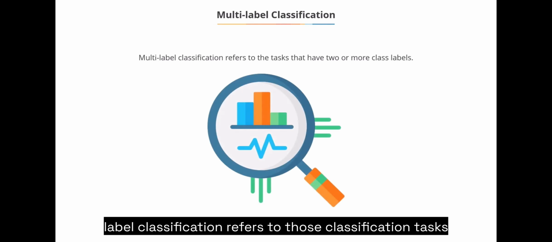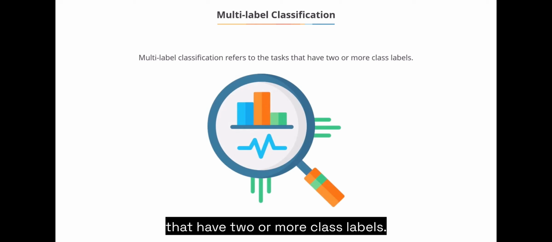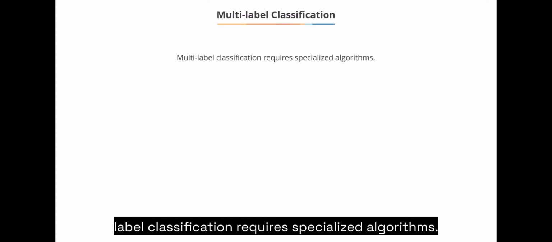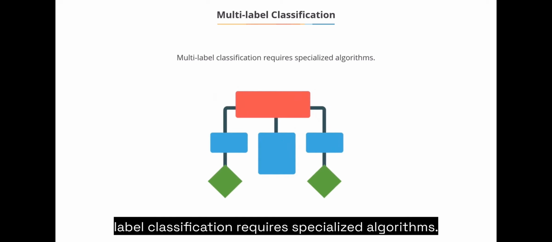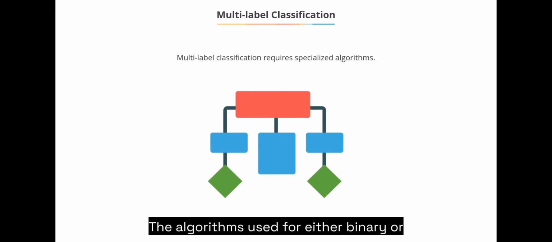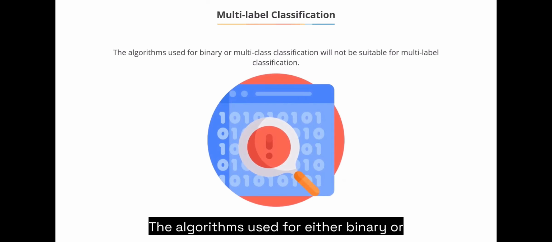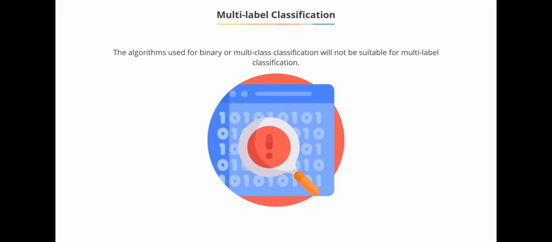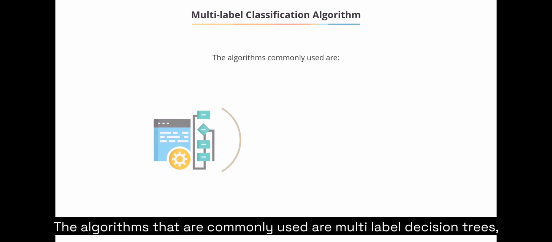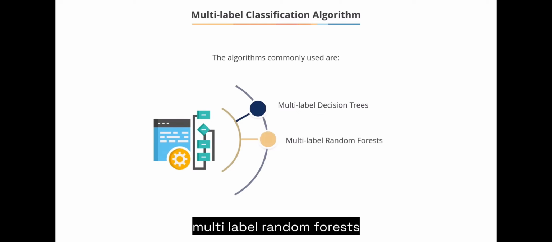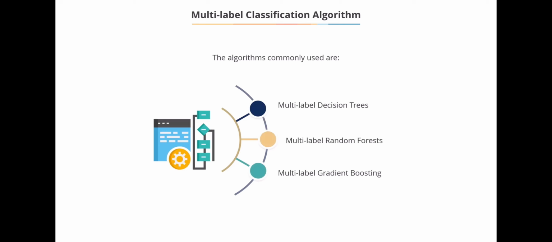Multi-label classification refers to those classification tasks that have 2 or more class labels. Multi-label classification requires specialized algorithms. The algorithms used for either binary or multi-class classification will not be suitable. The algorithms that are commonly used are multi-label decision trees, multi-label random forests, and multi-label gradient boosting.